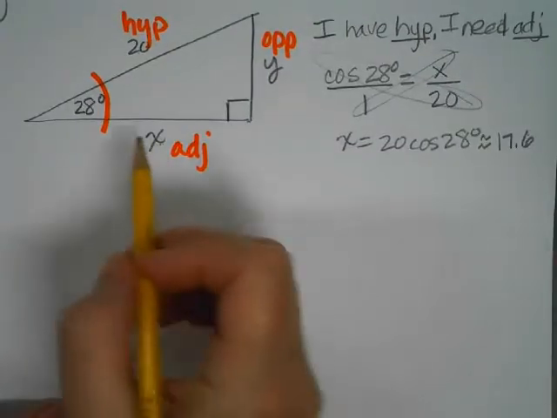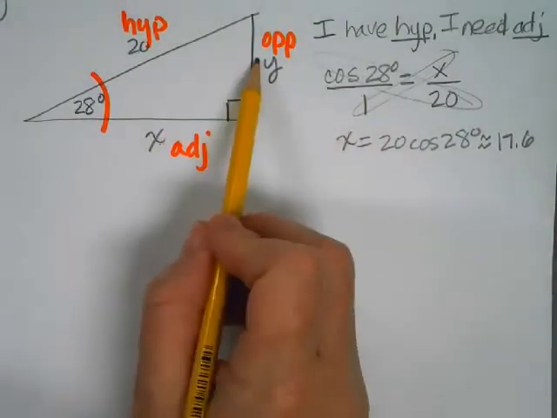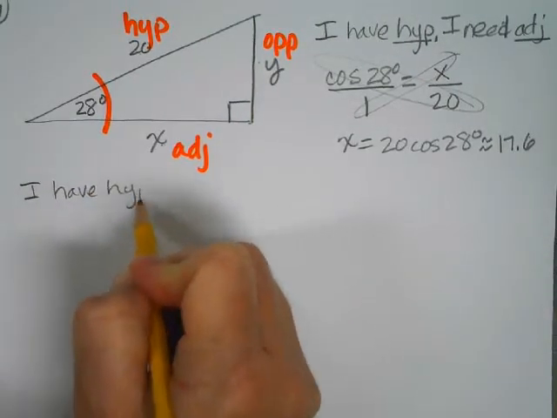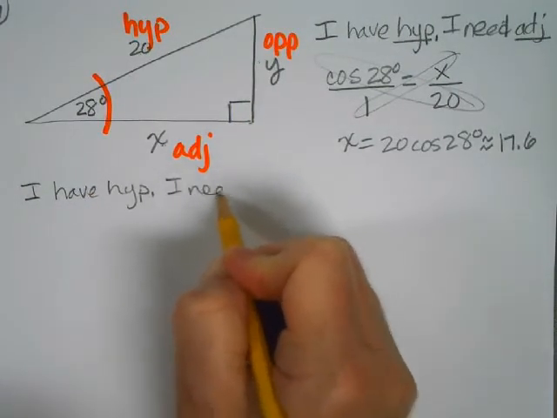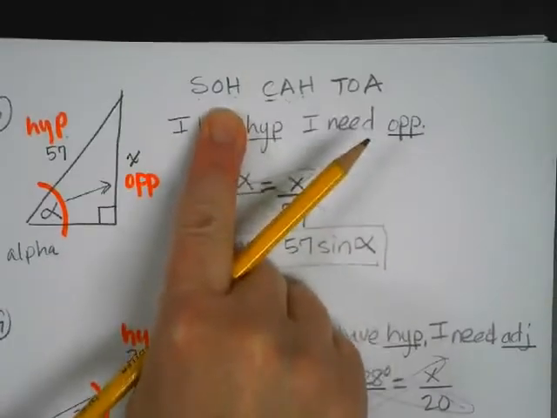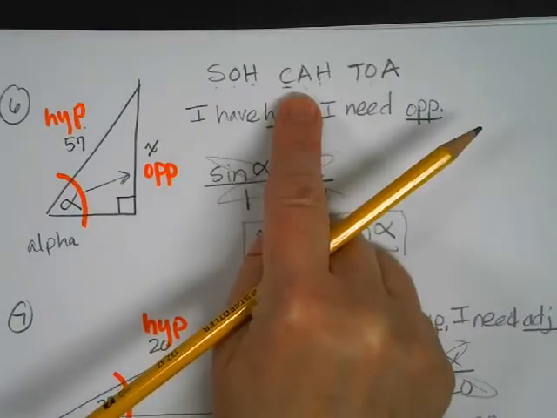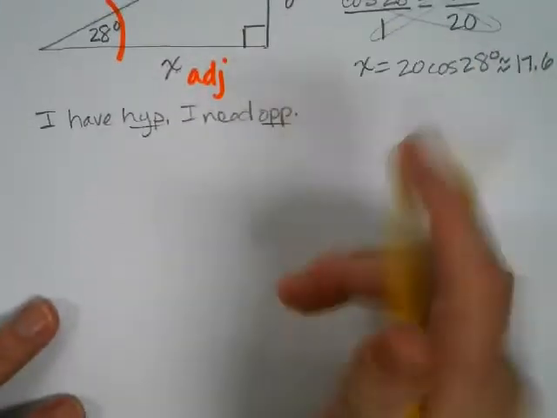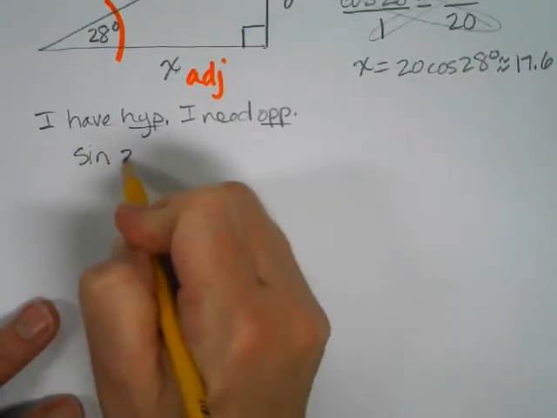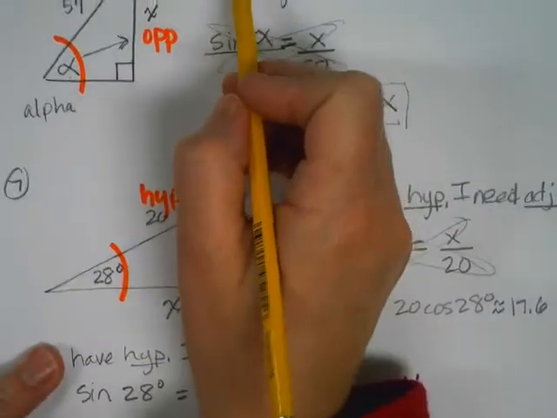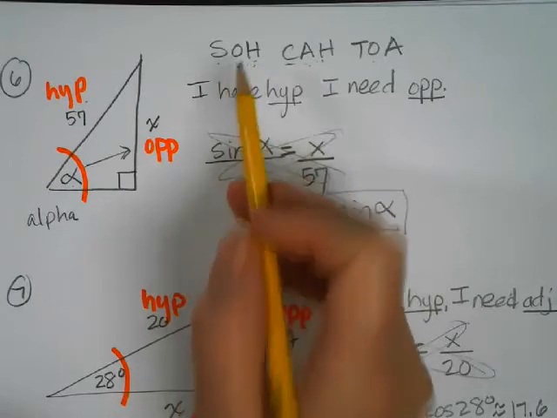Okay, and then to solve for y, let's do our sentence stems. I have hypotenuse. I need opposite. So hypotenuse and opposite. If it's got hypotenuse in it, you know it's going to be sine or cosine. Opposite and hypotenuse is sine. So sine 28 degrees equals, sine is always the opposite over the hypotenuse.